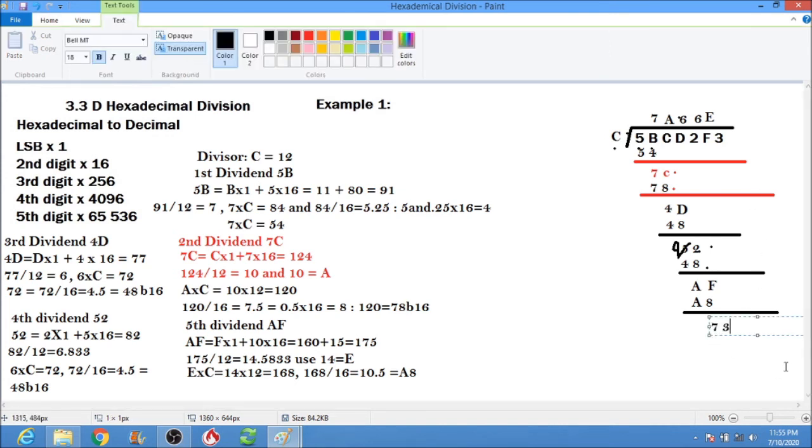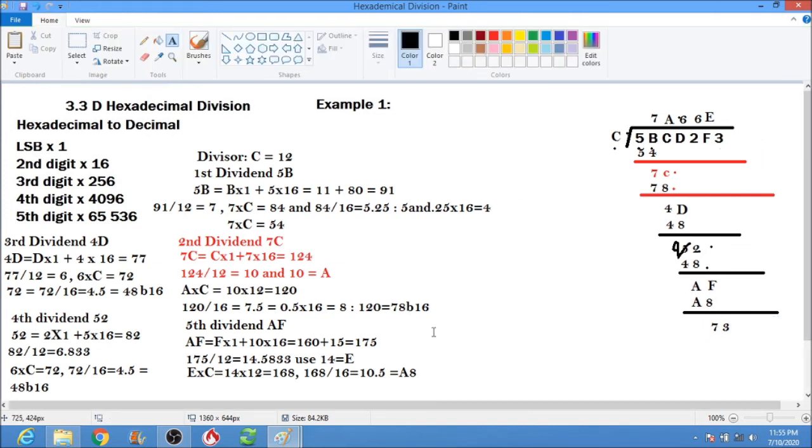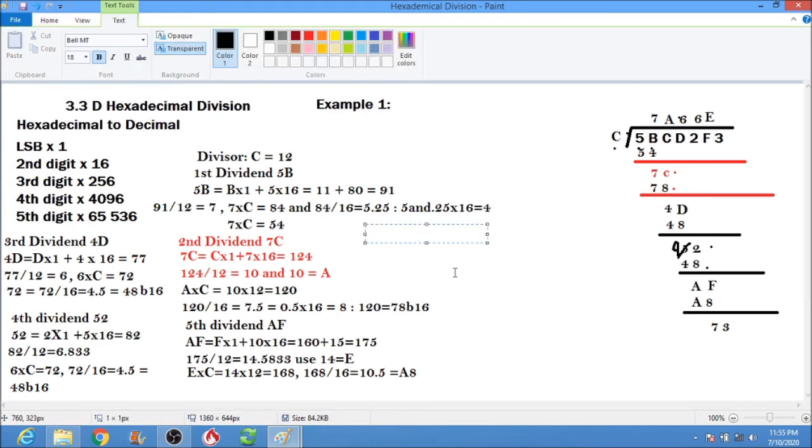Then bring down 3, and then the next, the last dividend is equal to 7.3. 7.3 converted to decimal: 3 times 1 plus 7 times 16, so 7 times 16 plus 3 is 115. Then 115 divided by 12 is 9.5833.